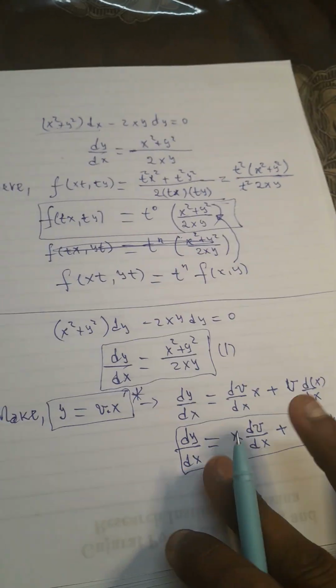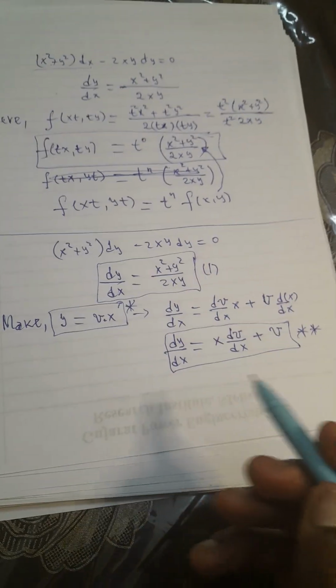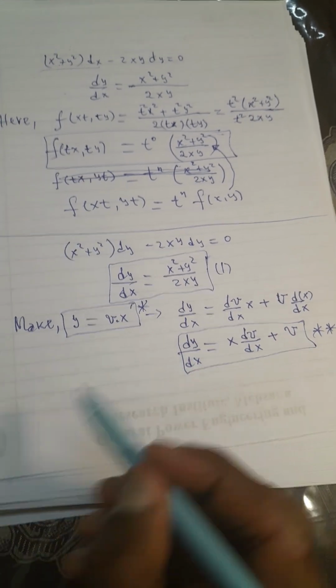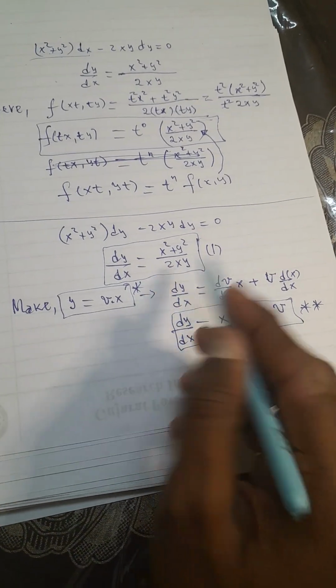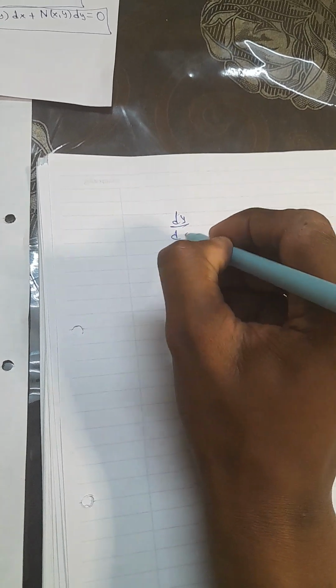Okay, the next step is that we are going to introduce star and double star in 1. Let us write this one like this: here we have dy/dx is equal to (x squared plus y squared) upon 2xy.